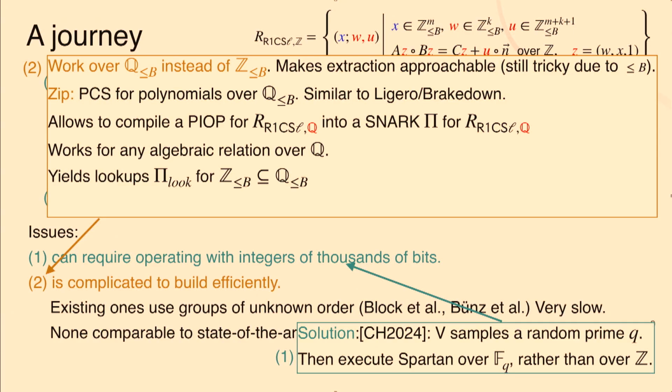So we have lookups for rationals. So we can enforce that the witness is integer by using a lookup in Q. We can combine an R1CS constraint over Q with a lookup over Q to guarantee that the witness is an integer. And this lookup also happens modulo a random prime. Everything happens modulo a random prime.